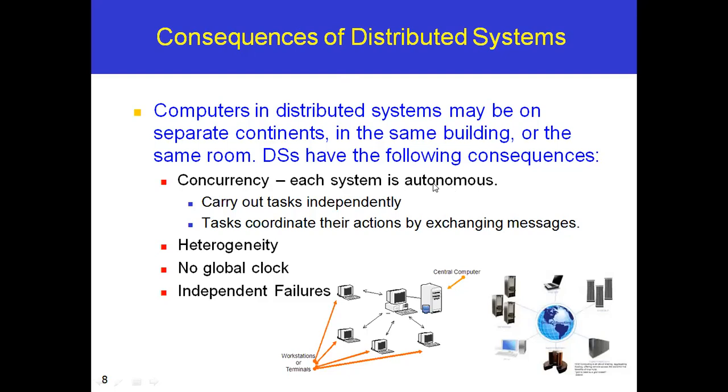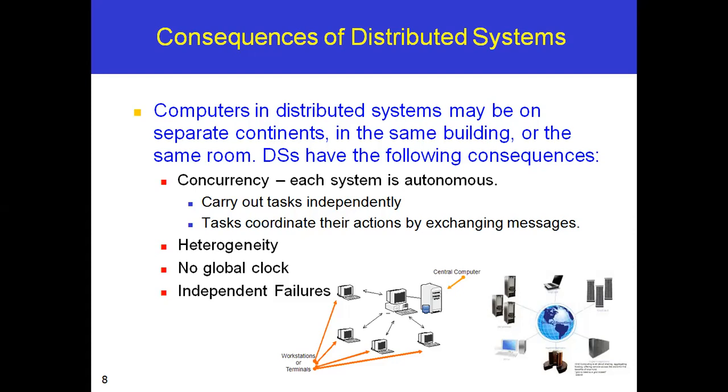Autonomous means they might carry out tasks independently, and the tasks coordinate their actions by exchanging messages. In the first slide, I told you how distributed systems communicate: by passing messages. By passing messages, they will coordinate with each other.